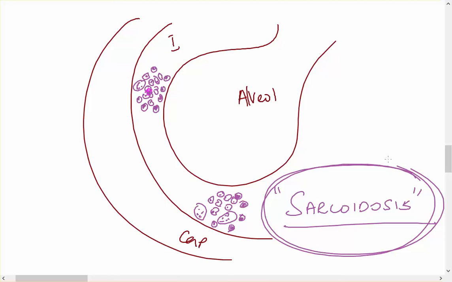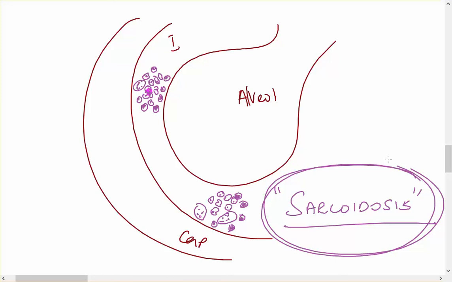Now you have to know the name of the T lymphocyte. It is Th1 lymphocyte. In asthma, it is Th2 lymphocyte. Here, it is Th1 lymphocyte. This lymphocyte releases what? Interferon gamma. This interferon gamma does what? It brings more monocytes into the tissue, that will become macrophage.